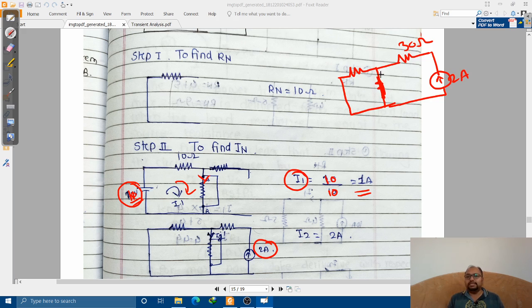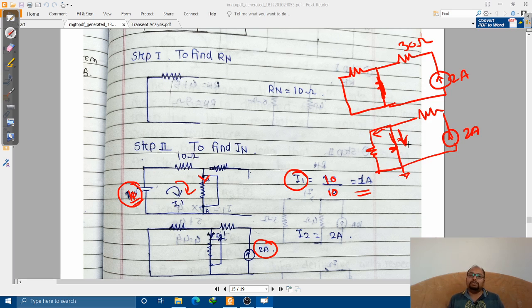No, because this is a short circuit line. As this resistor is appearing across this short, is the current going to flow through this? No, it will flow through this short circuit line to the ground directly. So this 2 ampere current will be flowing directly through this short circuit line to the ground.